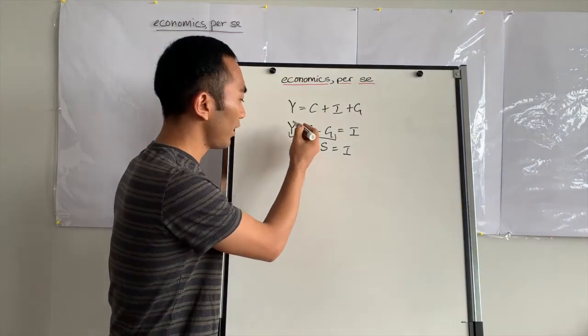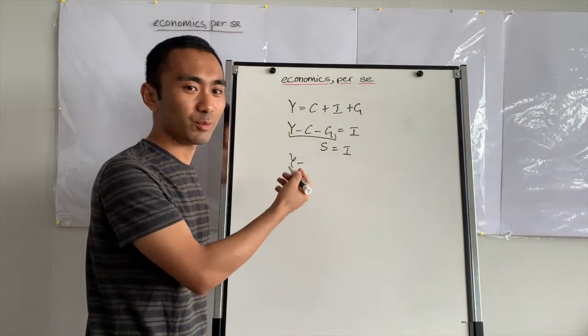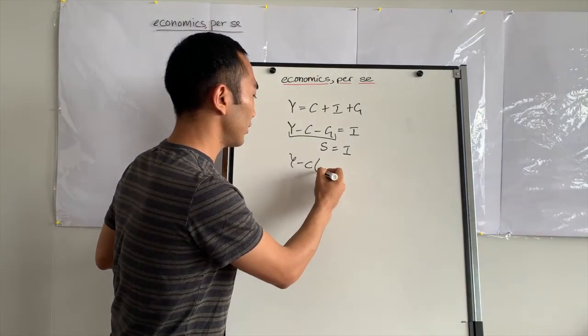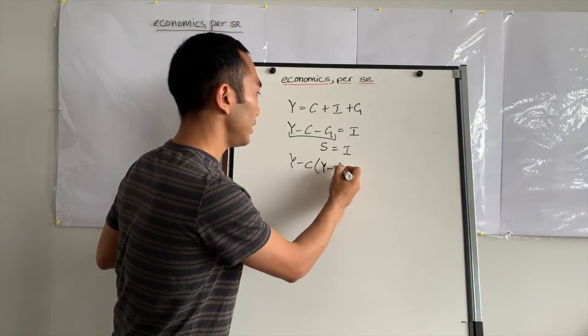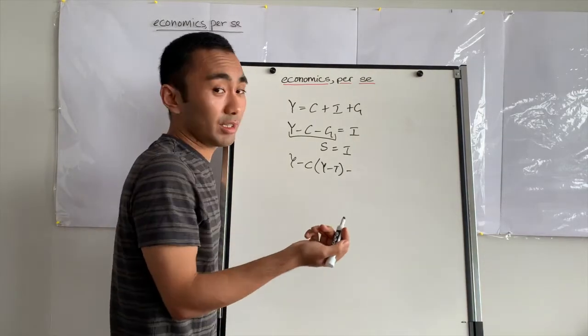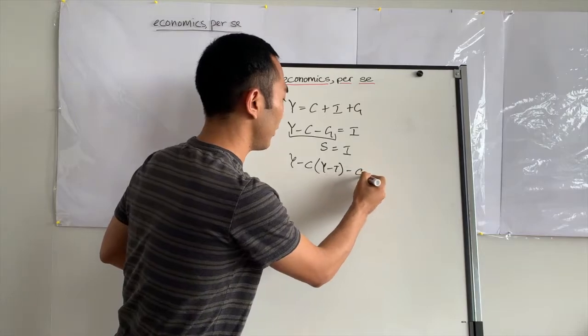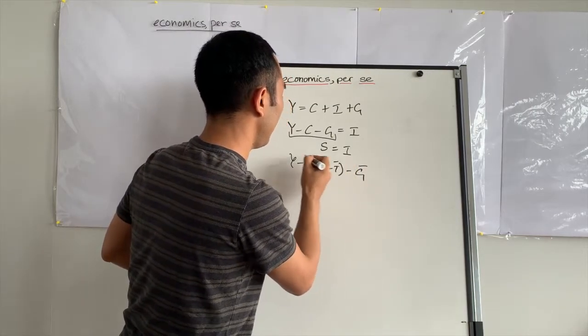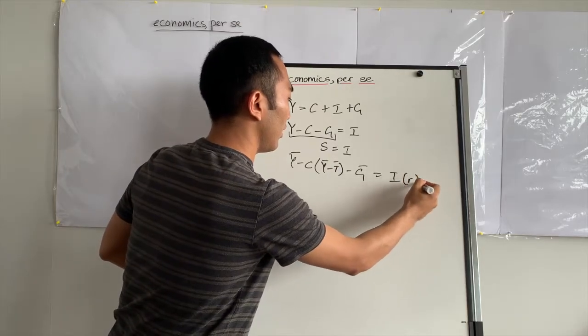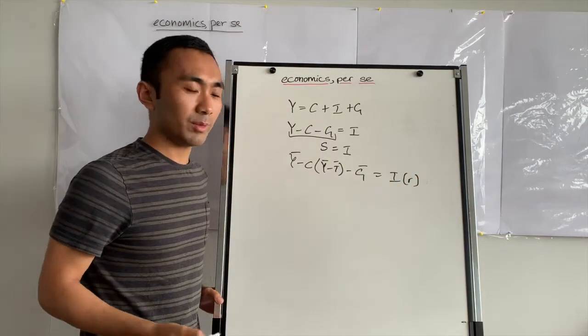So Y is Y, right? Output is output, and C now turns into the consumption function, which is Y minus T. And G is still G, it's fixed, right? So these are also fixed, and this gives us the investment function.